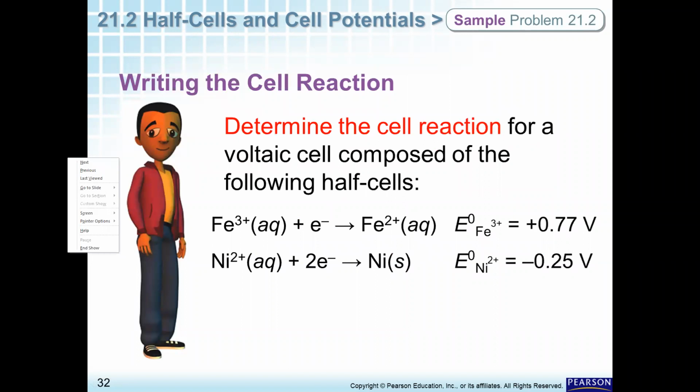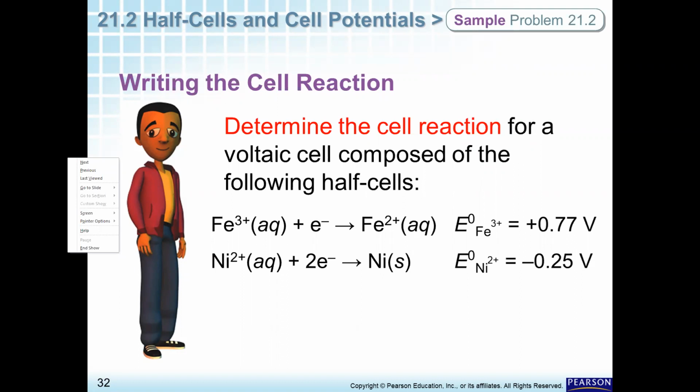Here he is providing you with the half cells along with the potentials and asks you to determine the cell reaction for the voltaic cell. He's saying voltaic cell, which means that the one which undergoes oxidation will be more negative, and the one which undergoes reduction has to be more positive.